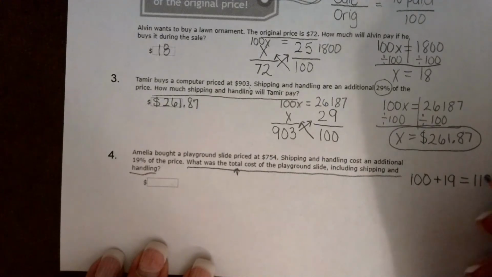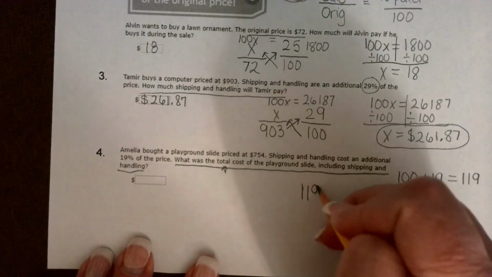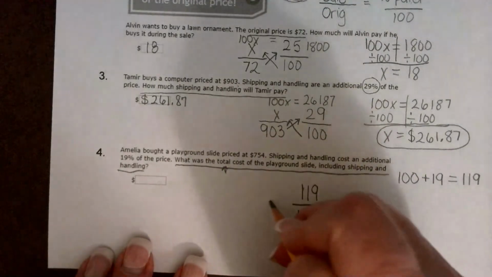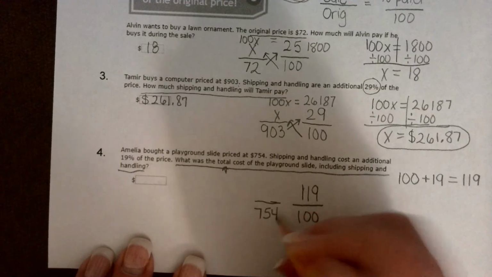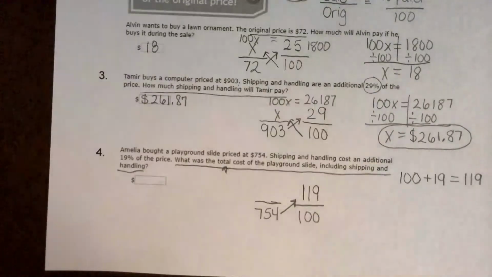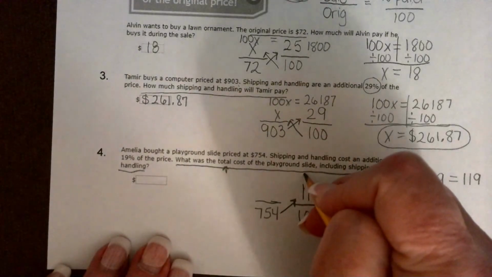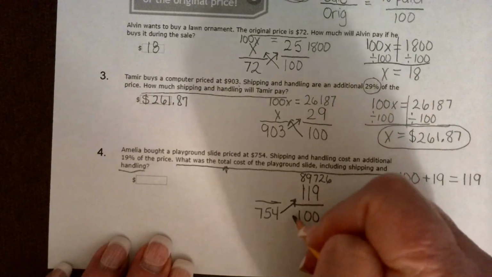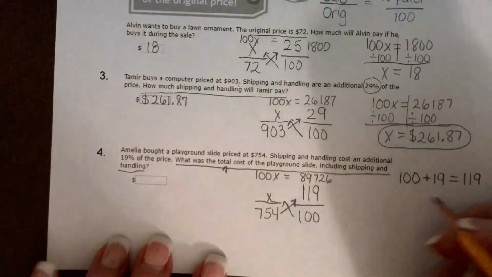So the percent that we're paying is 119%. So that is going on the top of our proportion. And then the price of the slide is $754. And then we're just cross multiplying 754 times 119. And that's equal to 89,726. And then 100 times x is 100x. Those two things have to be equal.